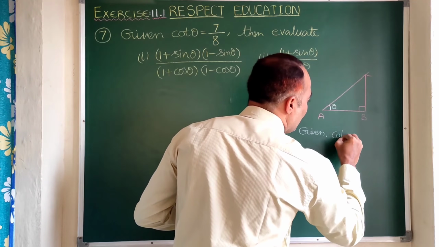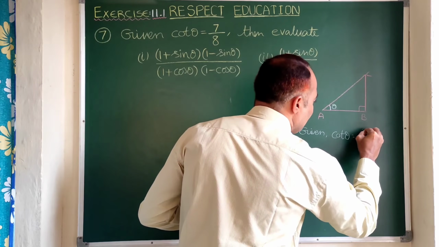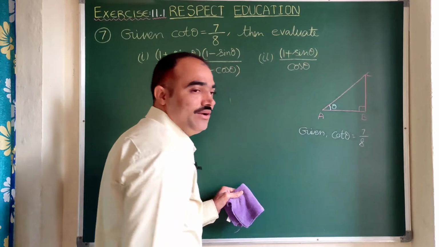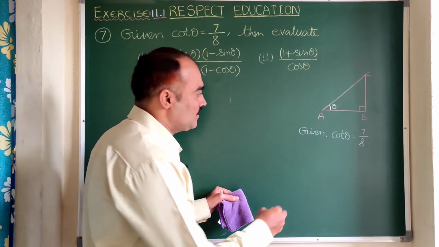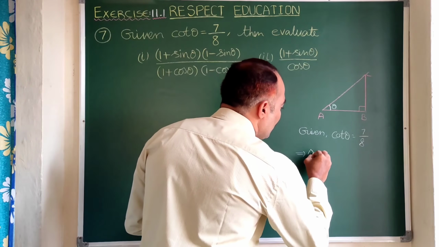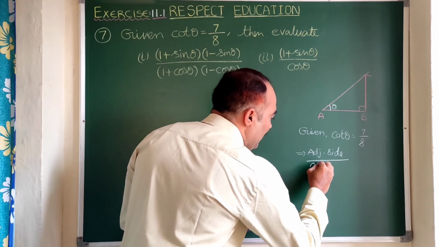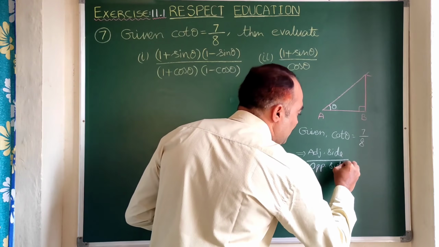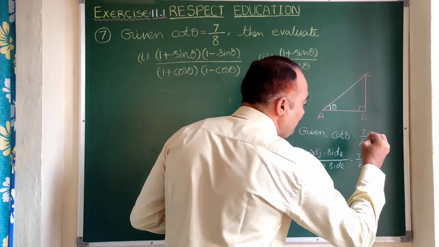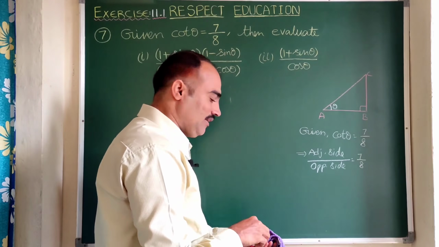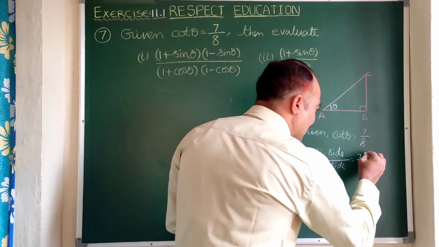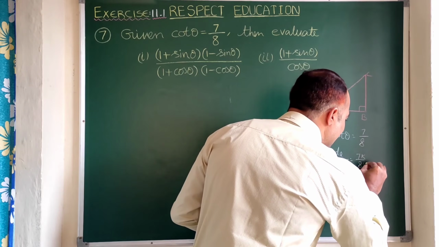Given cot theta is equal to 7 by 8. Can you say the cot theta formula? Adjacent side to theta by opposite side to theta, that is 7 by 8 actually. One of the trigonometric ratios is given, we can take this as 7k by 8k.